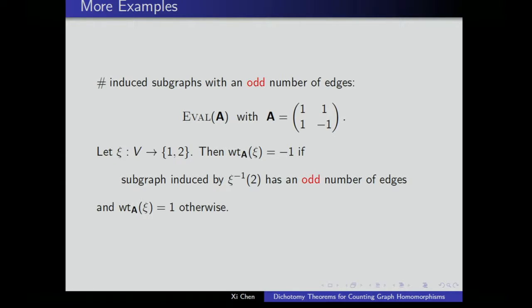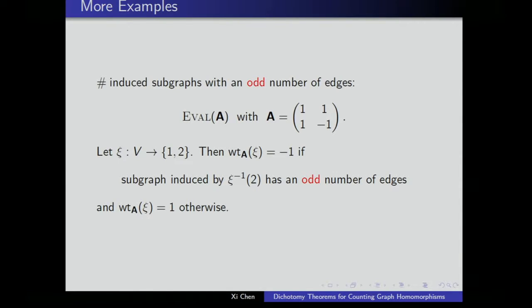If you take any assignment of V and think about the graph induced by vertices that are assigned 2, the weight is minus 1 if and only if this graph has an odd number of edges, right? Because only edges in this subgraph get the weight minus 1. All other edges get weight 1. And the weight is 1 otherwise.